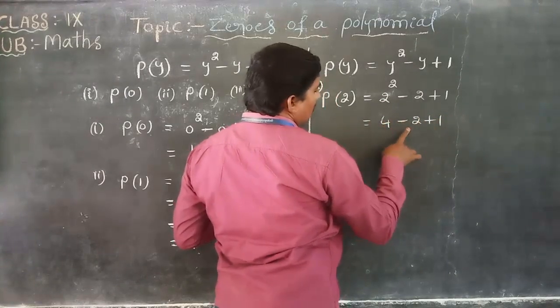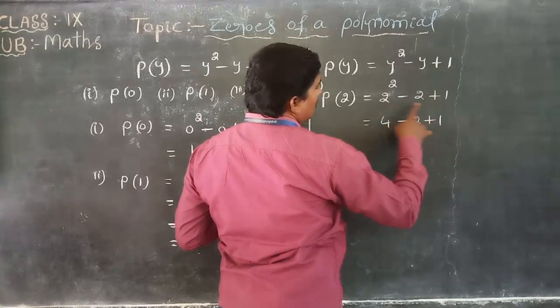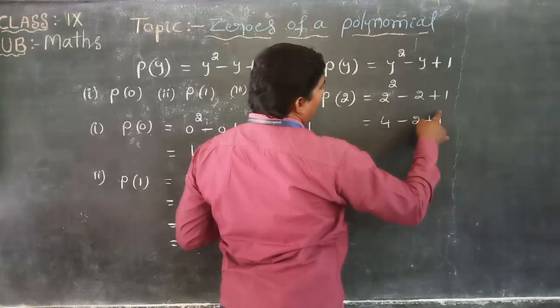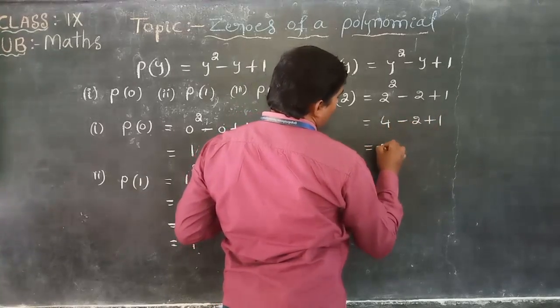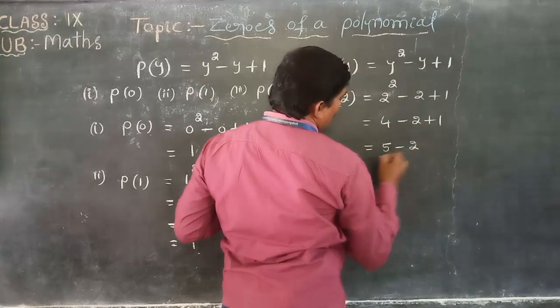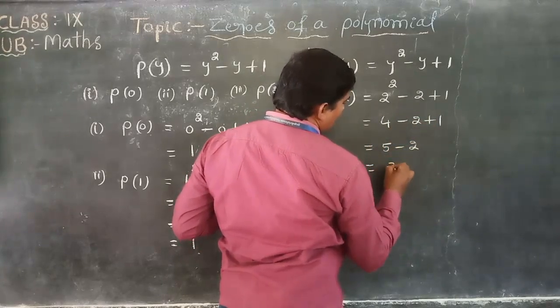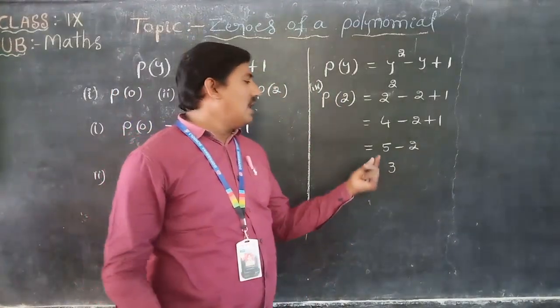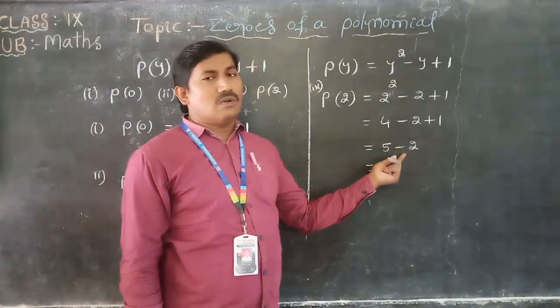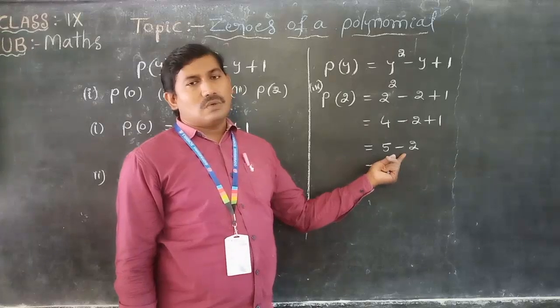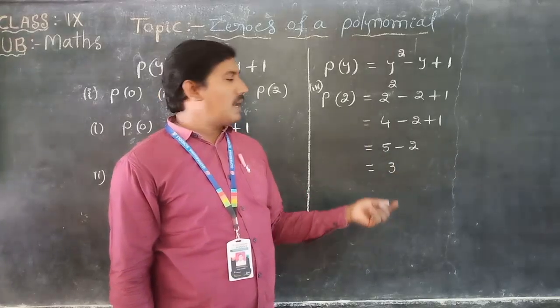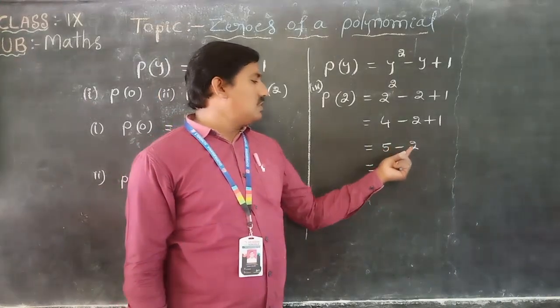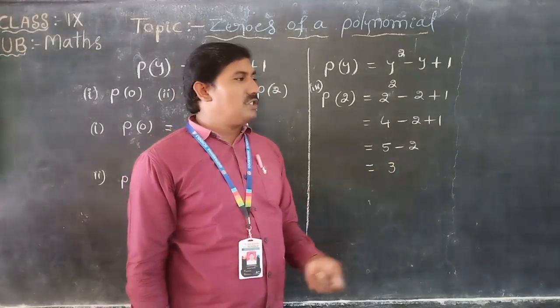Positive, negative, positive. Add the positives: 4 plus 1 is 5. 5 minus 2 is equal to 3. Why 3 here? One is positive, one is negative, so subtraction should be done, and the symbol is that of the bigger number. So 5 minus 2 is 3, a positive number.